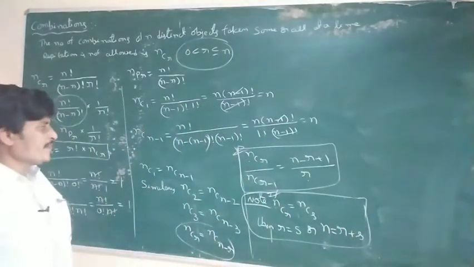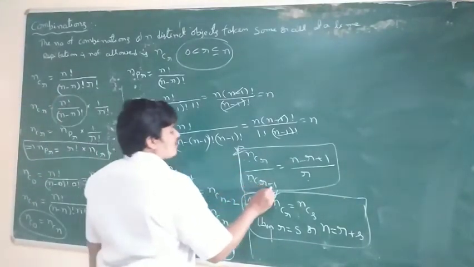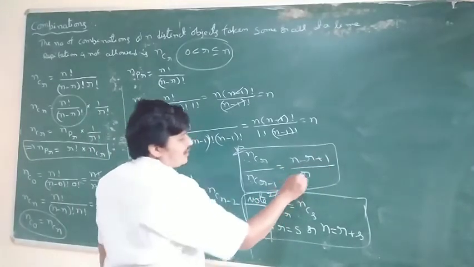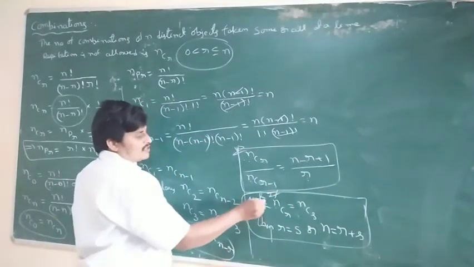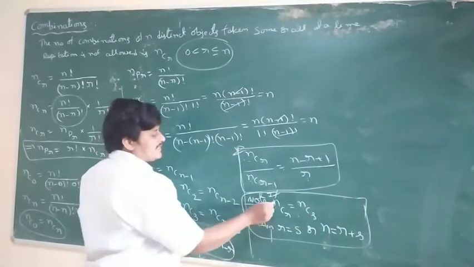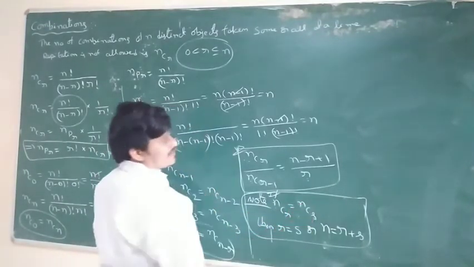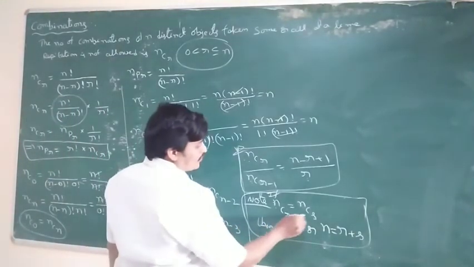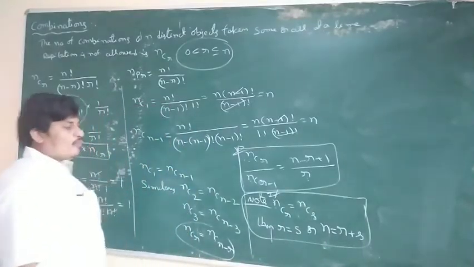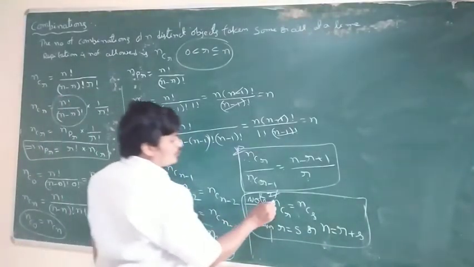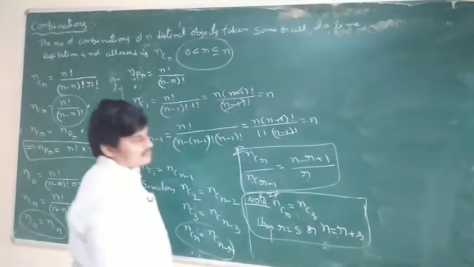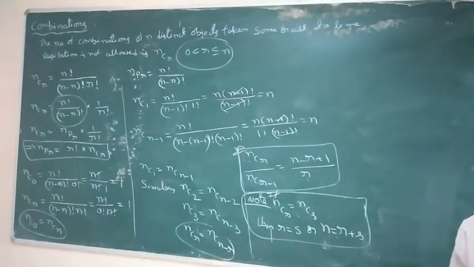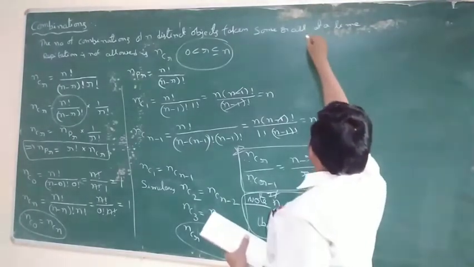What is the result? nCr by nC(r minus 1) is equal to (n minus r plus 1) by r; you have to prove it. Another very important one for one mark: if nCr is equal to nCs, then r is equal to s or n is equal to r plus s. Okay, clear? It is a very important theorem.